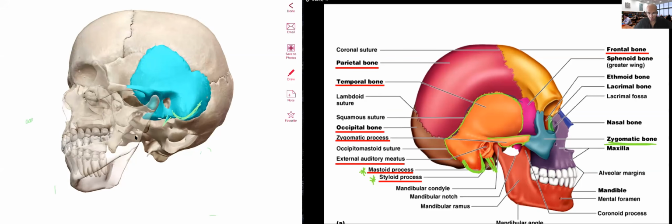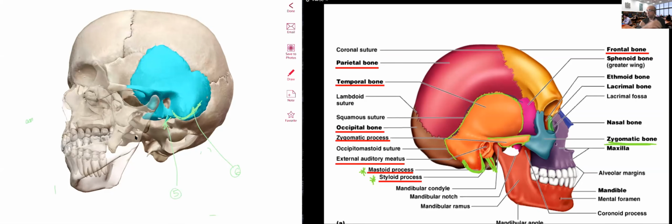Styloid process. So again, which one is mastoid? Which one is styloid? Number 5 for the in-class activity for today. Number 6. What did you get for number 5? Is this a styloid or mastoid?